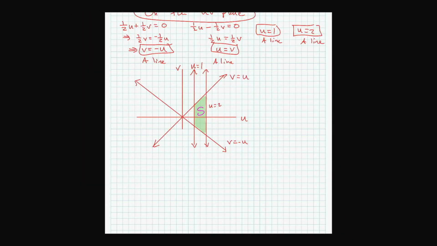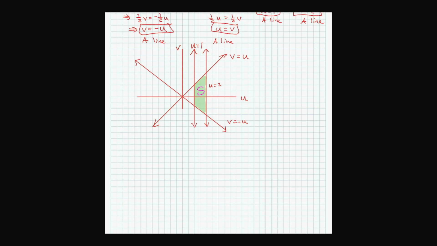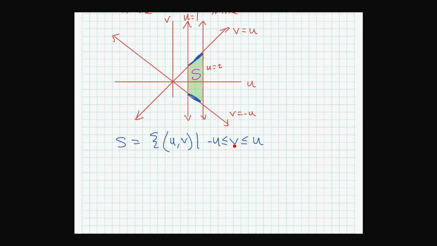What this tells you is that your region of integration, if this was x and y, it would be easy. But because it's u and v, it feels harder than it is just because the letters are different. S is the set of all u and v such that v is between the bottom curve, v equals negative u, and the top curve, v equals u.